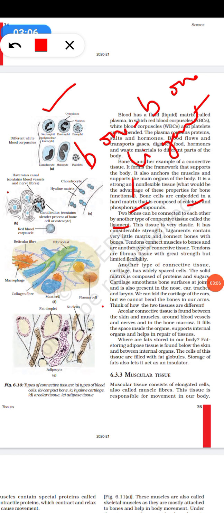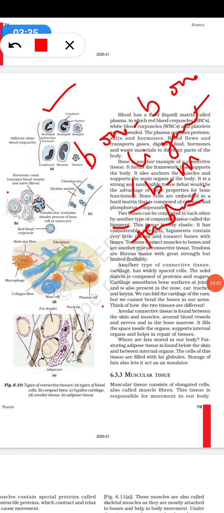Ligaments contain little matrix and connect the bones with the bones. Then we have tendons, which connect bones to muscles. Tendons are another type of connective tissue. Tendons are fibrous with great strength but limited flexibility.